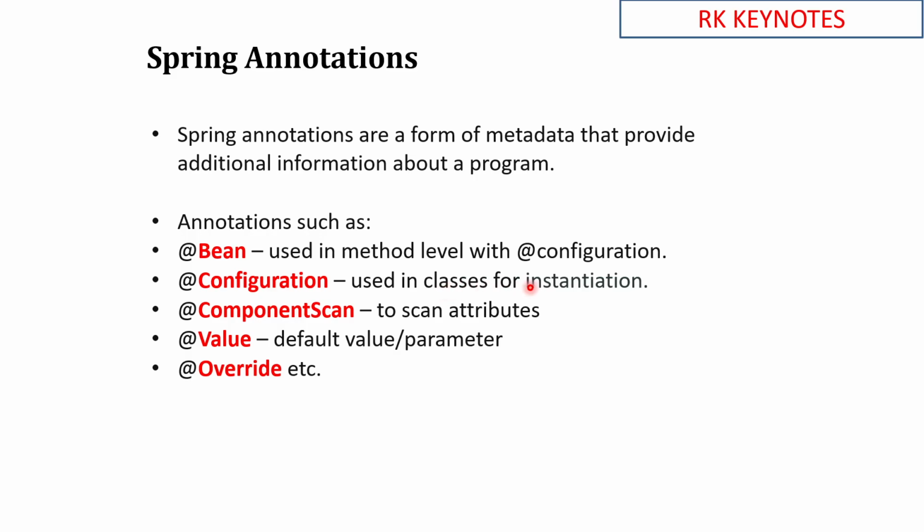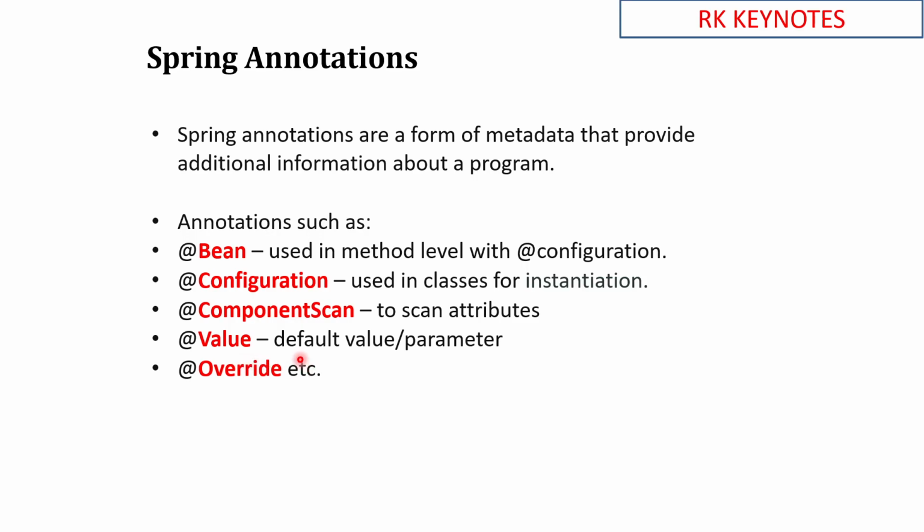That is for instantiating classes. And we have ComponentScan, which is used to scan all the variables and attributes in the program. And Value, so you can set a value to a variable. Fine. And this is the most used annotation, that is Override. If you want to override a particular method, then this annotation can be used.